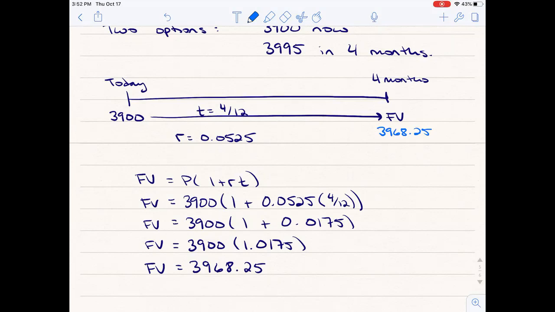Right, I'd rather pay this, right? But in order to do that, you have to pay, that's this guy here, right? This guy, 3,900, had to pay in advance 4 months, right? But really what you're paying 4 months from then is actually only 3,968.25, right? And so that's how you're going to be able to compare values at the same date, right? You're going to pull values to the same date and compare them.